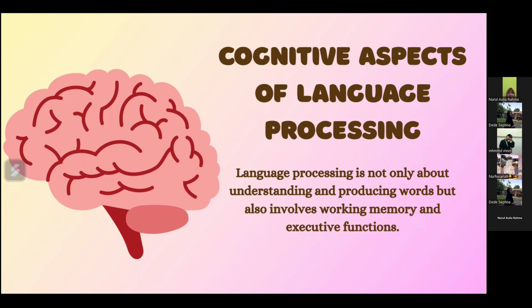Research has found that bilingual individuals tend to perform better on task switching and cognitive control tasks compared to monolinguals. This suggests that the brain's ability to juggle multiple languages strengthens broader cognitive abilities, which may even contribute to delaying cognitive decline in aging.